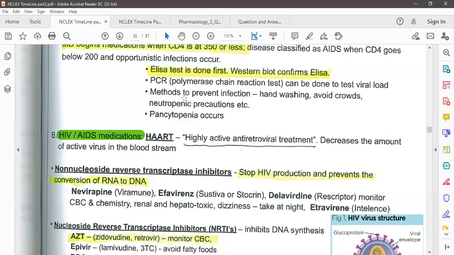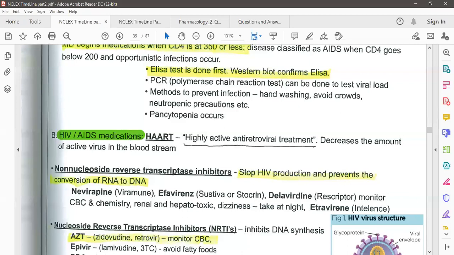When neutrophils go down, the patient easily catches infection and comes to you with flu-like symptoms, fever, high body temperature. So patient education or teaching is very important, right? For HIV or AIDS medication, usually 3 to 4 antiviral medications we give them, right?